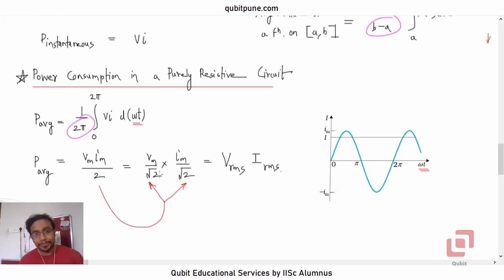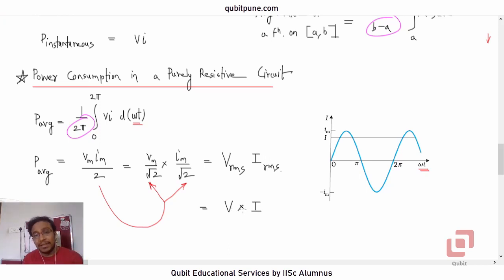In your book, that is the NCERT book, the RMS values have been denoted by capital V and capital I. So they both mean the same thing, Vrms, Irms, or capital V into capital I.